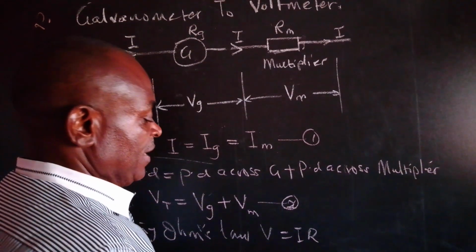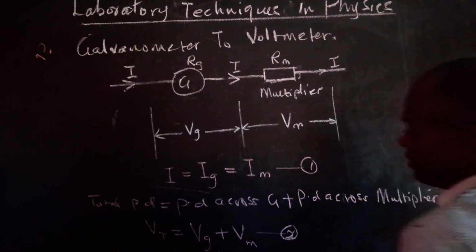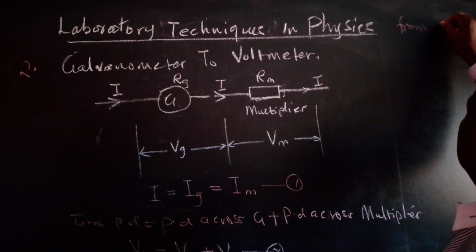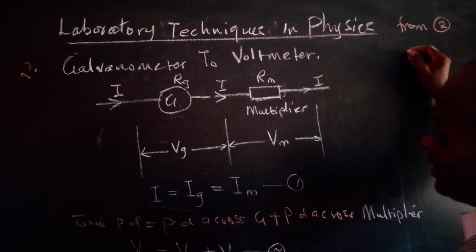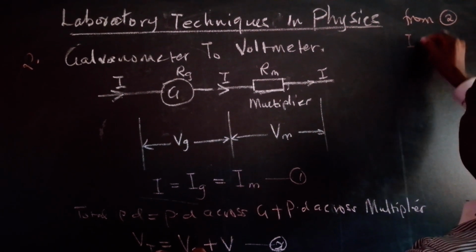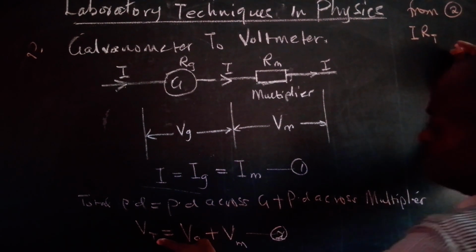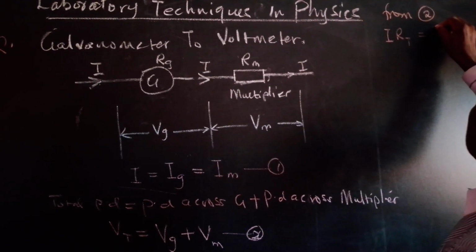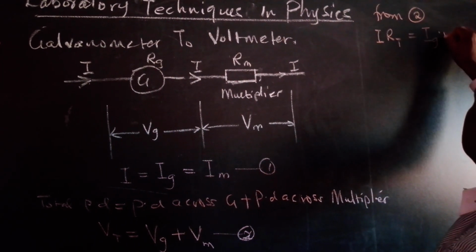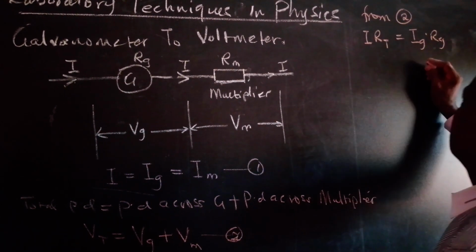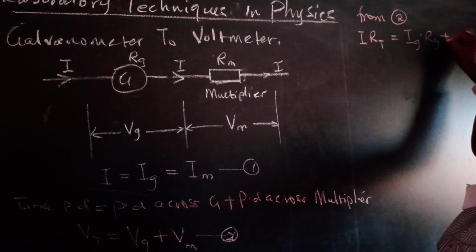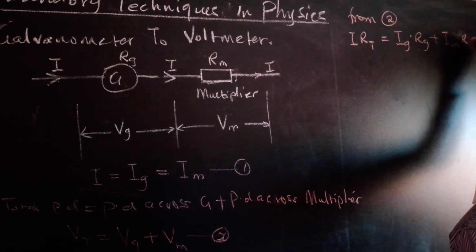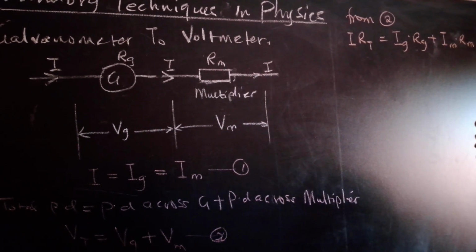And for that reason, if we use the same common idea from equation 2, total potential difference will be equal to current times total resistance, and the result is equal to the current of the galvanometer times the resistance of the galvanometer, plus the current of the multiplier times the resistance of the multiplier.